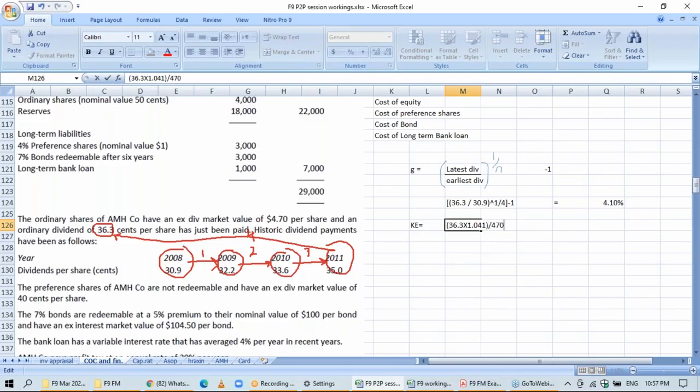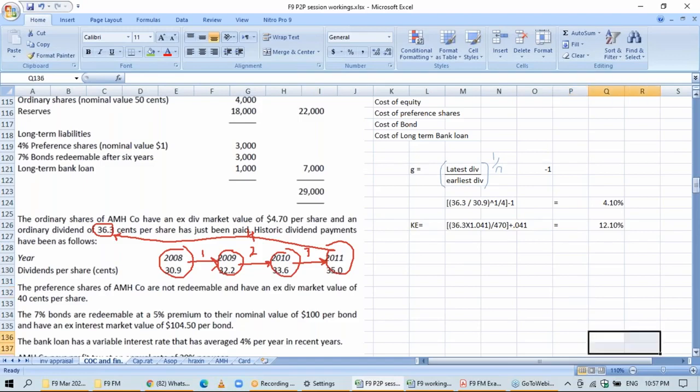Ex-dividend market price should be used, which is 470, and then plus the growth rate 0.041. So this gives you the cost of equity, which is 12.1%. 0.121 multiplied by 100, which is 12.1%.